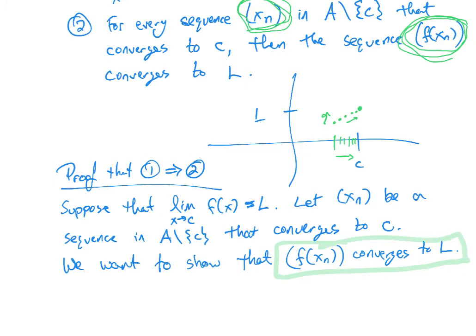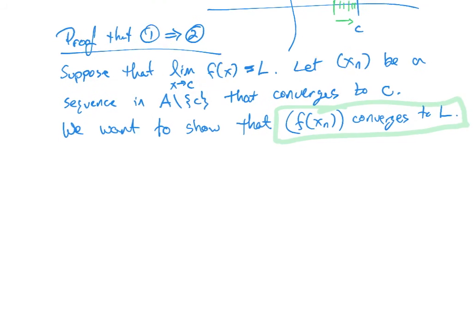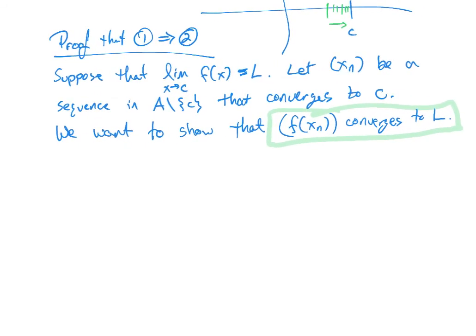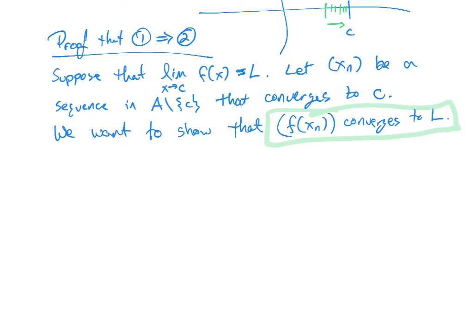I'll highlight it so we don't lose track of it. That is a limit of a sequence. So when we're going to prove a limit of a sequence, we let epsilon be given.